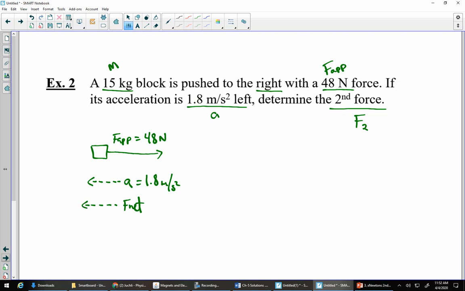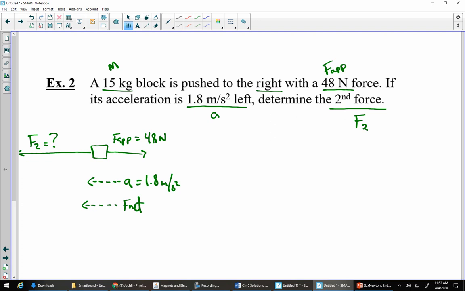And then what does that tell me about that second force? If overall my net force is towards the left, that second force has to be towards the left, and it has to be bigger than my applied force. So I'm going to make this just so super clear that it is indeed bigger. Cool. So this is pretty much everything we've got.